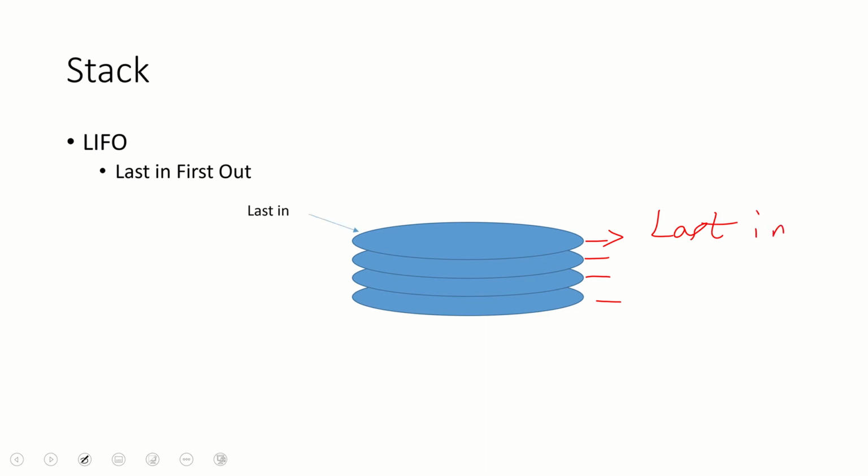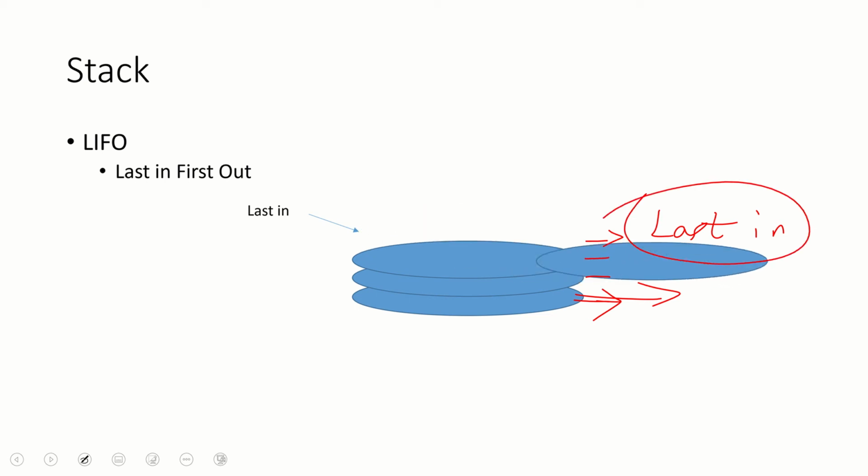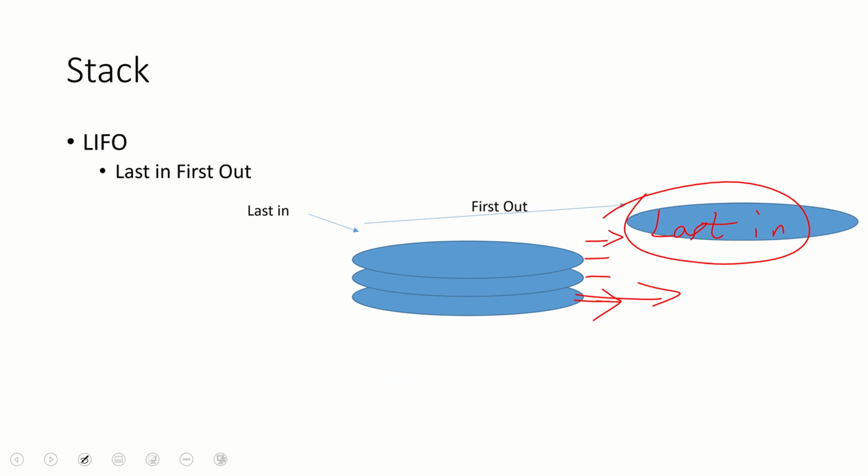If we want to take one out, for example this one, we cannot just directly pull it out of the stack. The right sequence is we take the last one out first. So this is what we call first out.